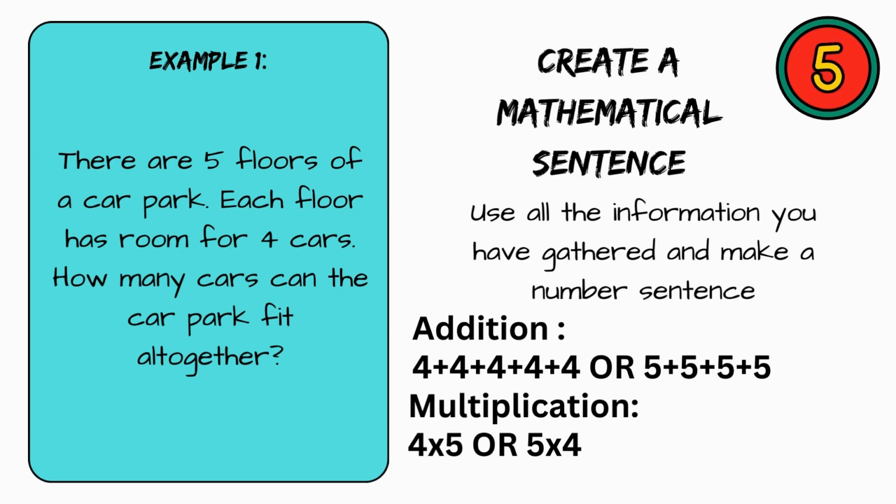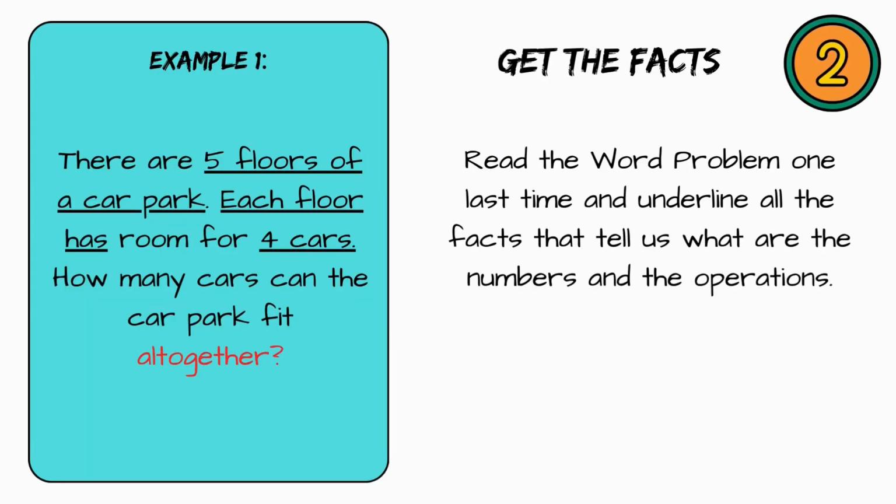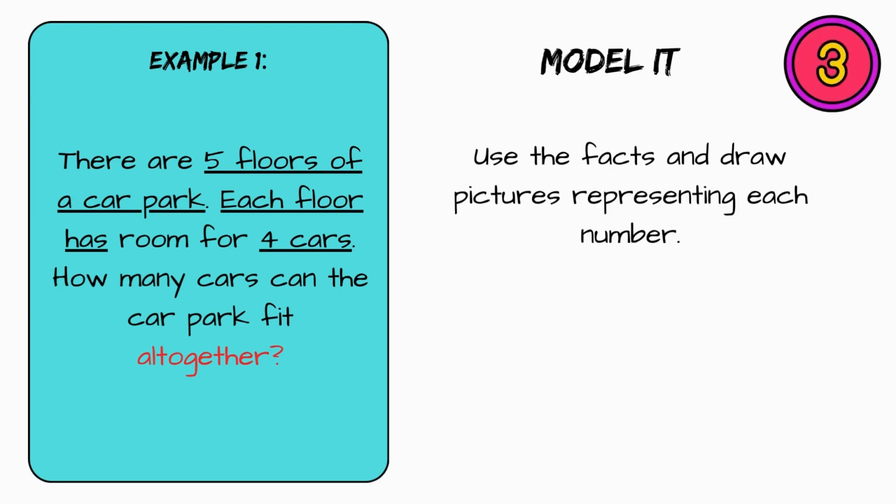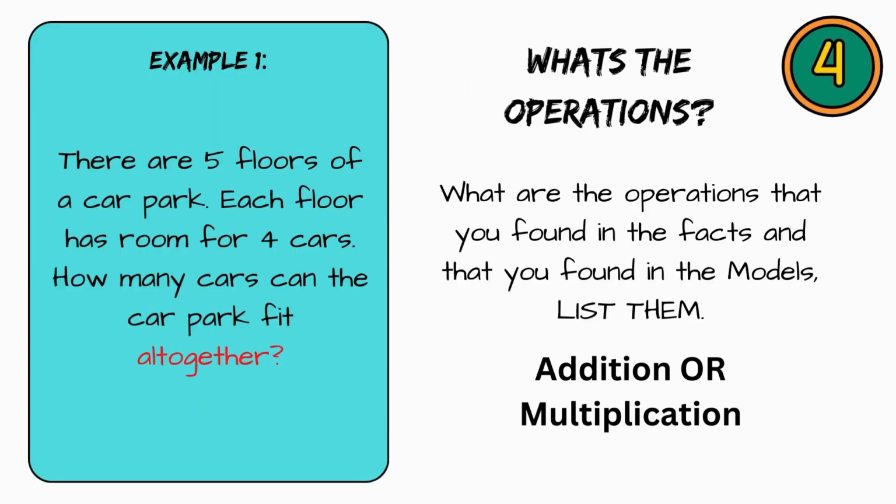So step 5 talks about creating a mathematical sentence. We're going to take what we got in words and process it through to modeling. In step 1, we read it. In step 2, we got the facts. In step 3, we modeled it. In step 4, we found what we can use to get the solution, the answer.